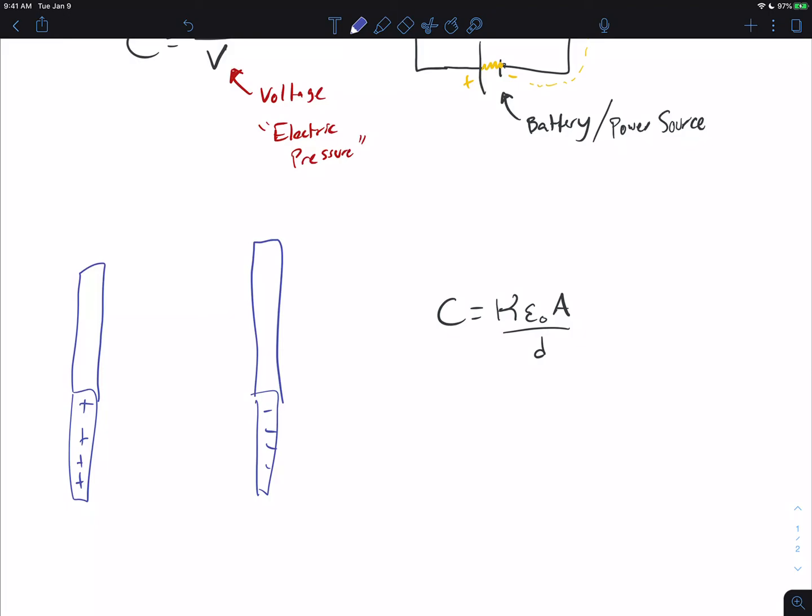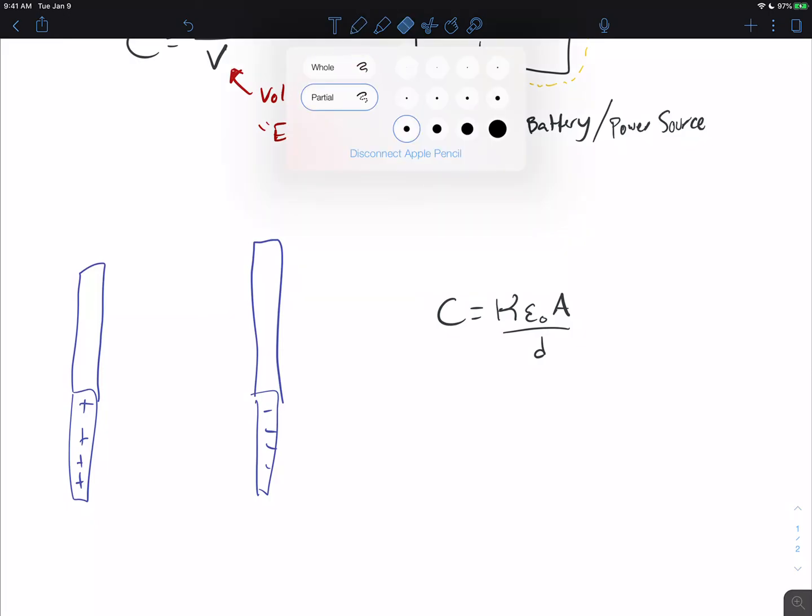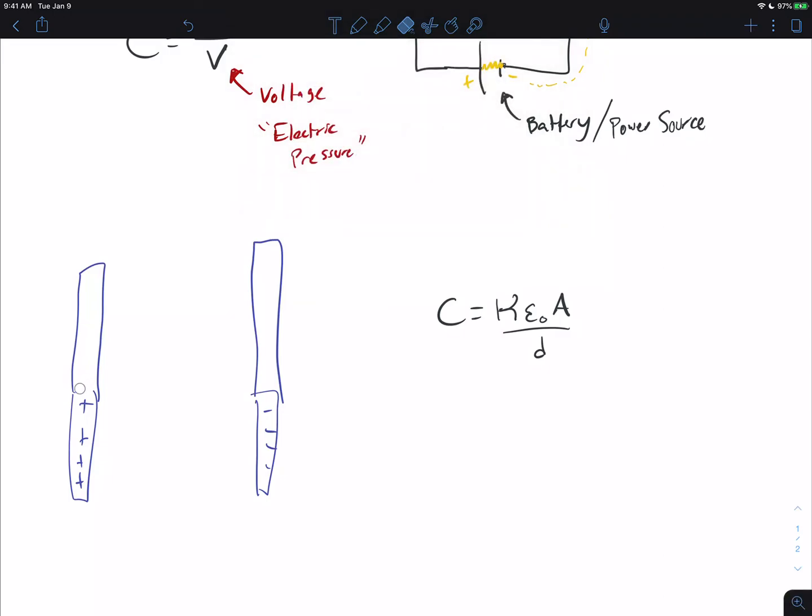But what if I had these 4 charges, and I made this bigger, so that now these 4 charges don't have to be so close together. Now they could be much further apart. And same thing with these guys right here.